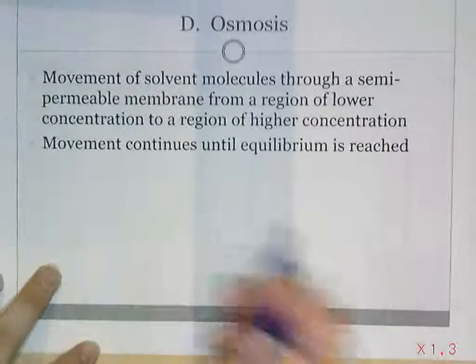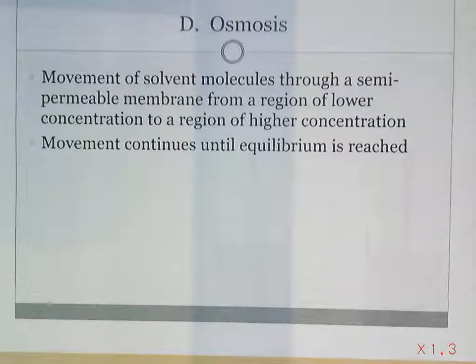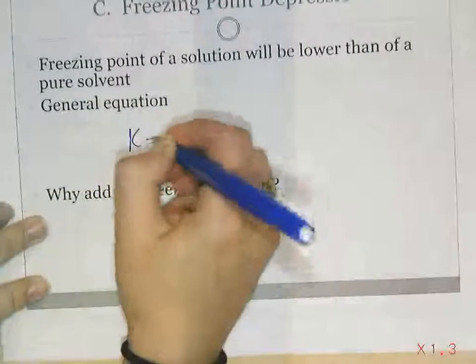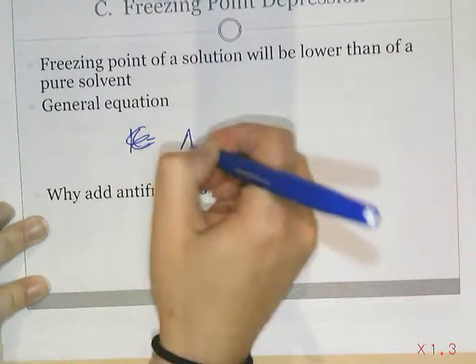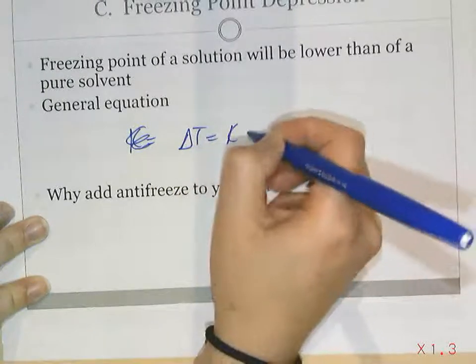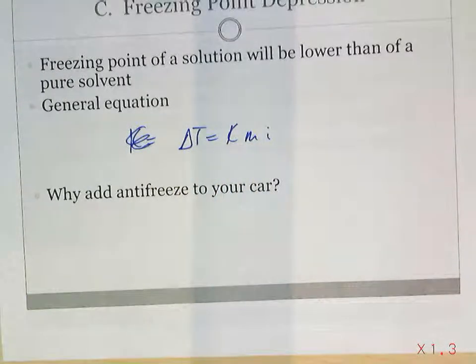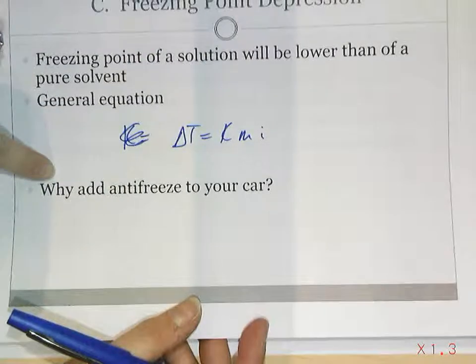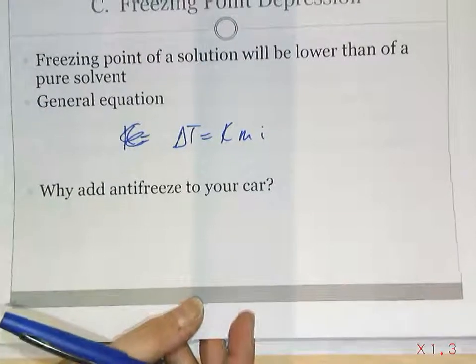Mm-hmm. So is this line before this, the freezing point expression? It's the exact same equation. Okay. It's the same equation. And you can think about this, you now know the answer to this. Hopefully everyone has antifreeze in their car today.